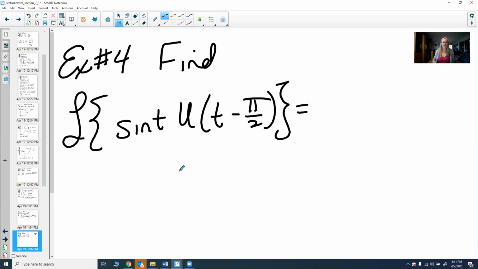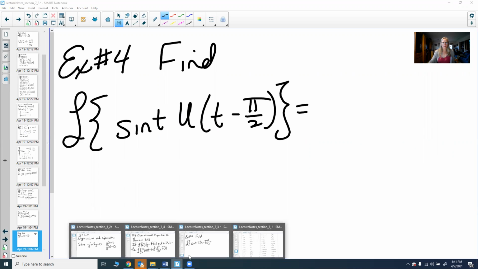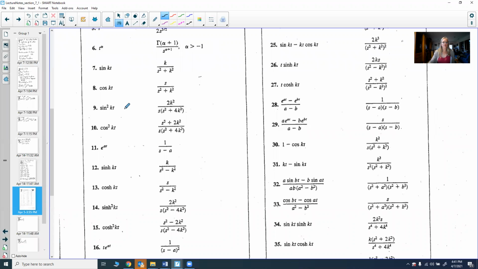So if we want to go ahead and find the Laplace transform of sine of t times u of t minus pi halves, we first look at the Laplace transform of sine of t. Again, going to our Laplace transform table, sine of kt is k over s squared plus k squared.